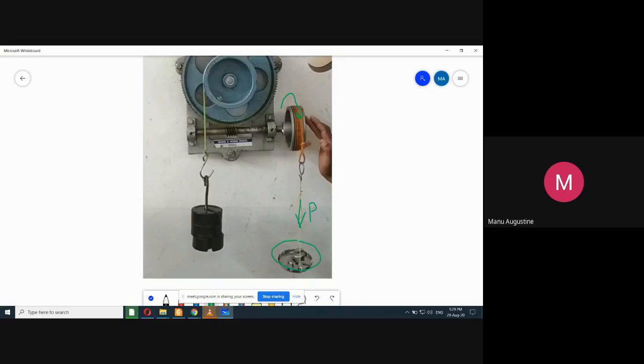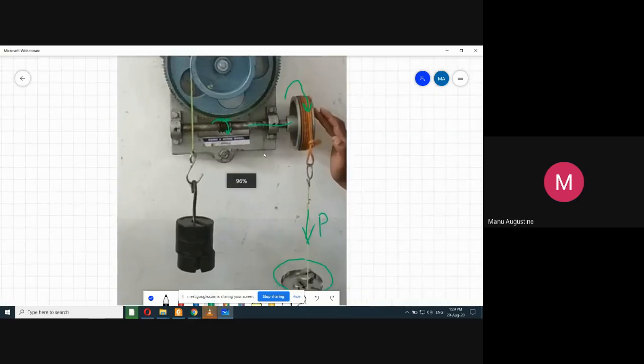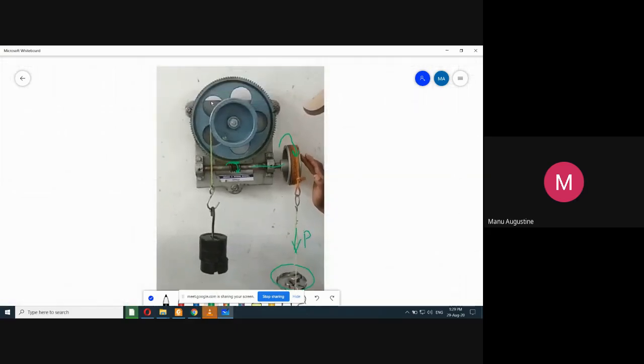When it rotates, this shaft will also rotate. When the shaft rotates, the worm will also rotate. And when the worm, which is in mesh with the teeth, rotates, then this gear mechanism rotates in this direction.